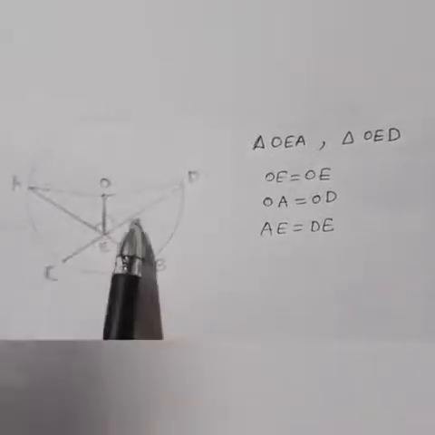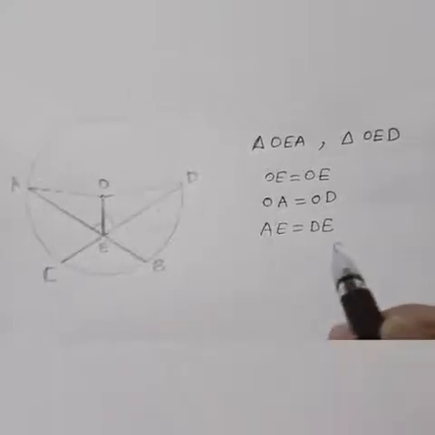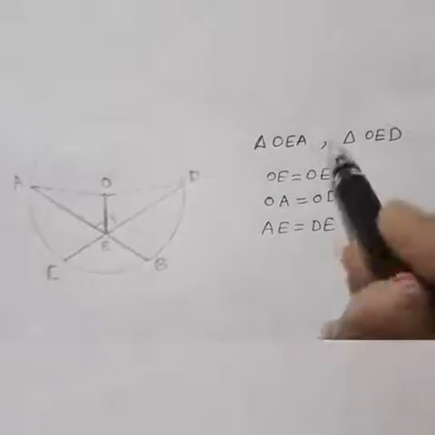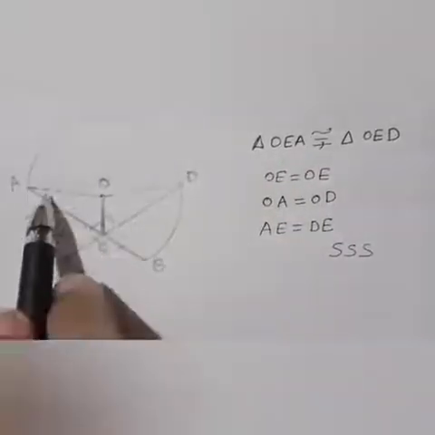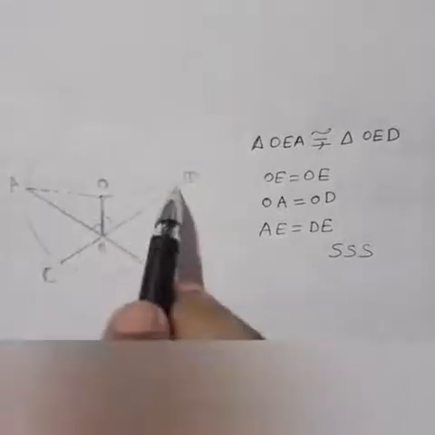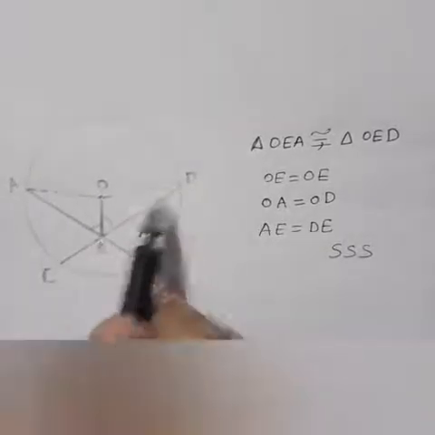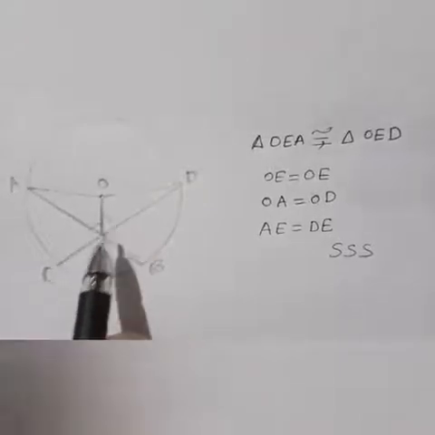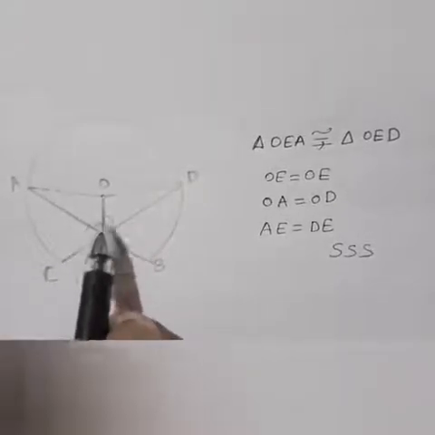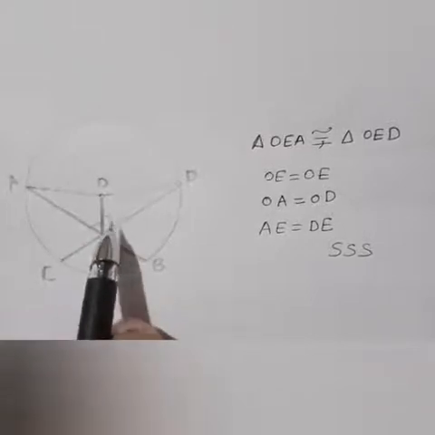That means these two triangles are congruent according to the SSS rule. So angle OEA and angle OED are also equal according to CPCT, corresponding parts of congruent triangles.